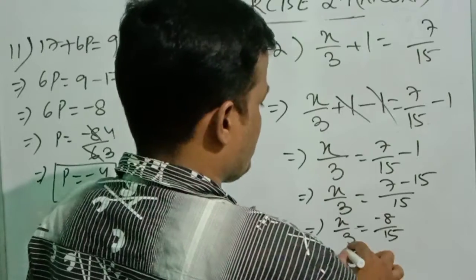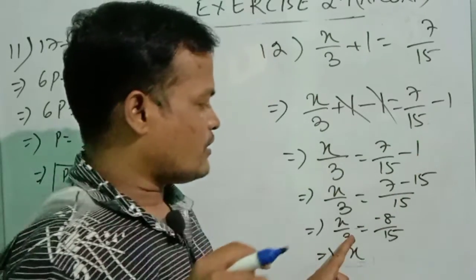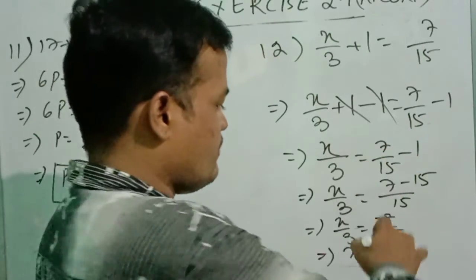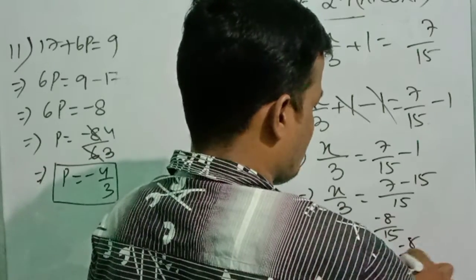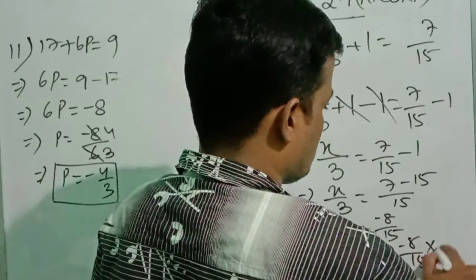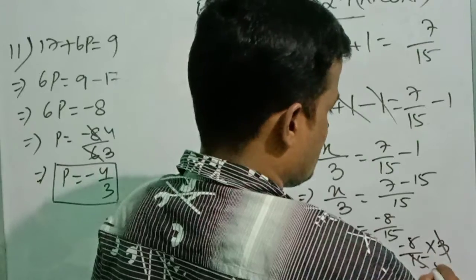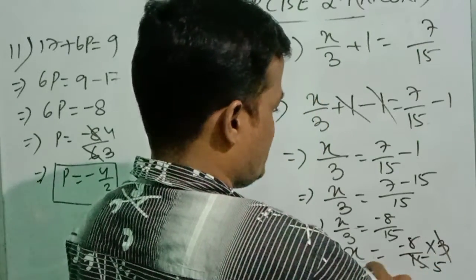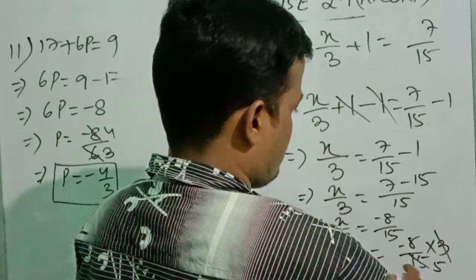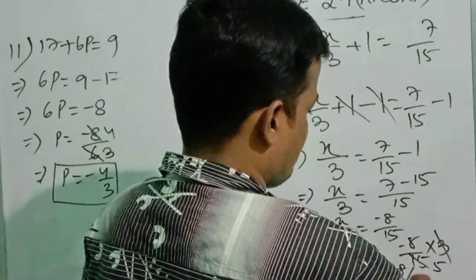Now you see x here, 3 is divided, on the right side it will be multiplied, so -8/15 into 3, 3 5s are 15, so we are getting x equal to -8/5.